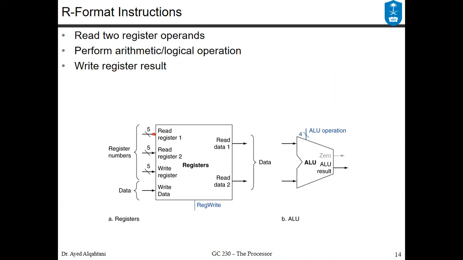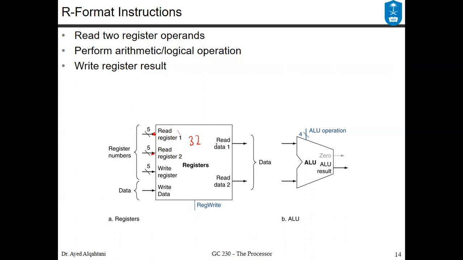So we have read register number 1 and read register number 2, and these are going to be 5 bits because we know that the number of registers here is 32, and to distinguish between each one of them, you need 5 bits.